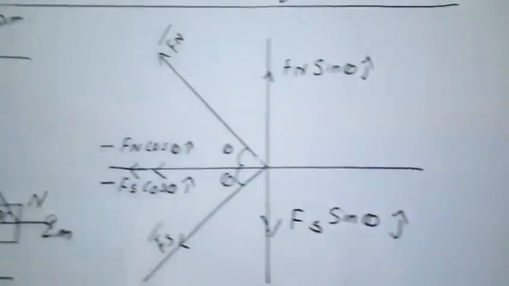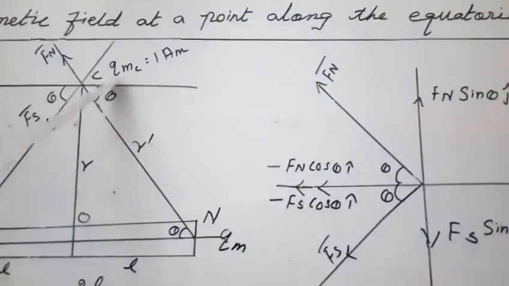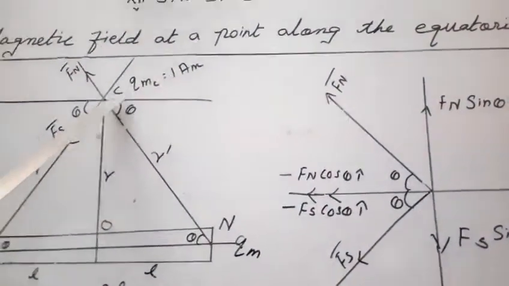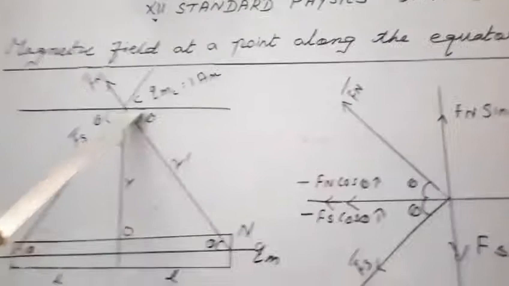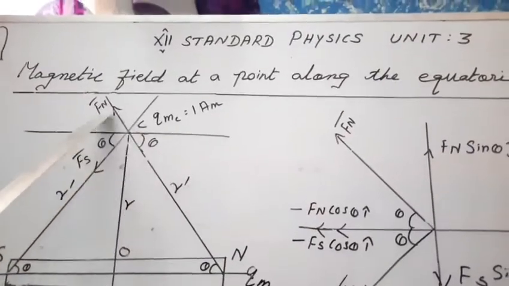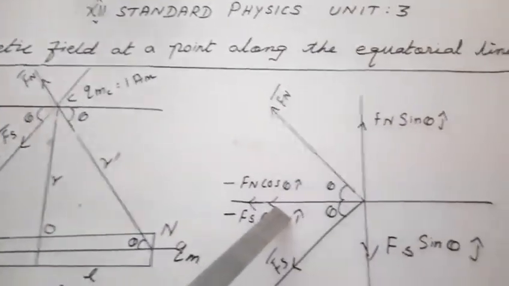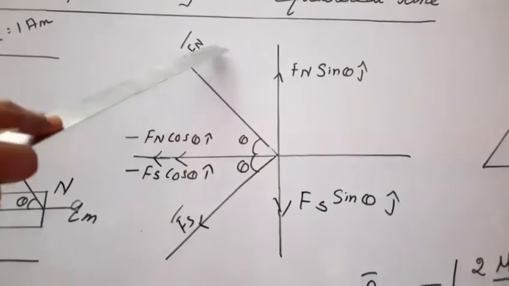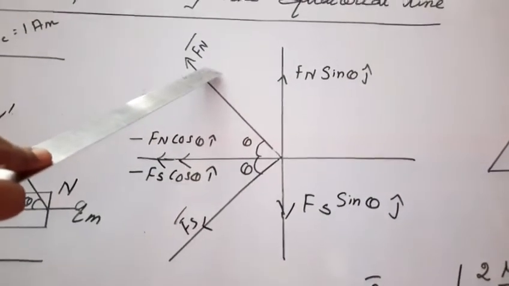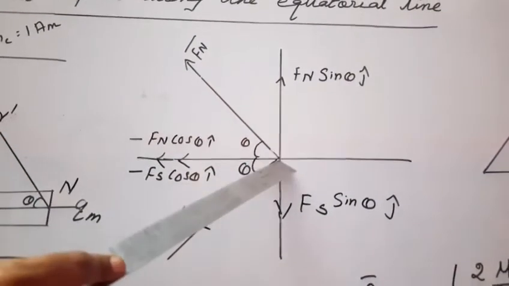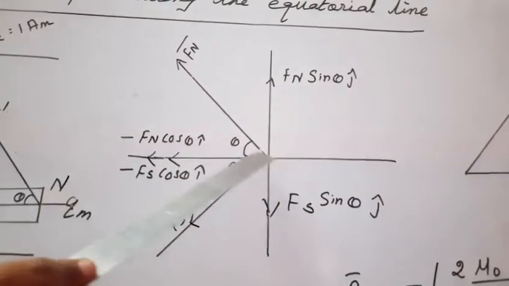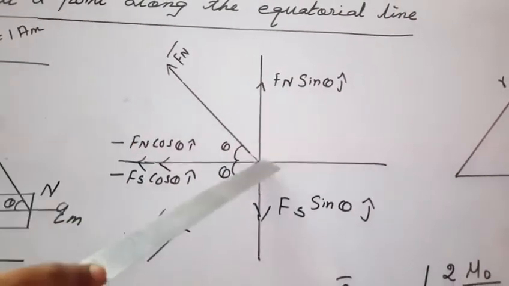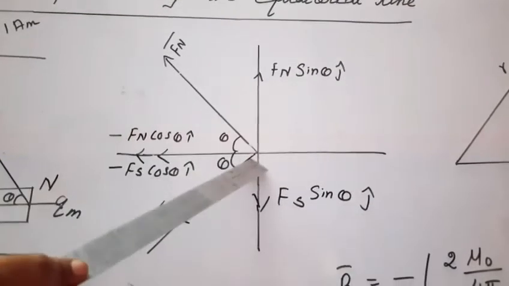Now we take the resolving of the force at point C. When we resolve the force, we take this diagram. In this diagram, first we consider the Fn vector. In this Fn vector, when we are resolving, the direction is in this direction, and here the y direction is here.